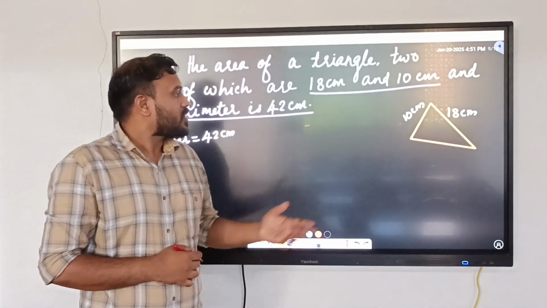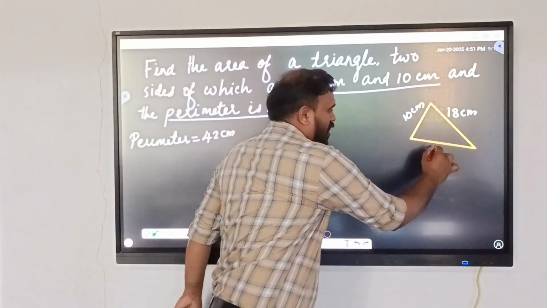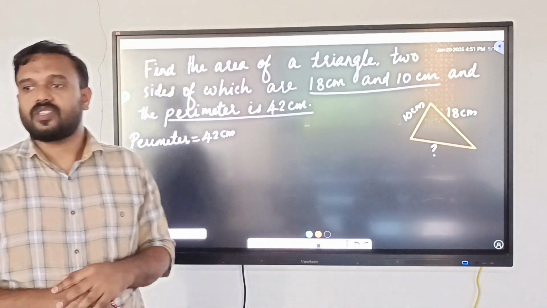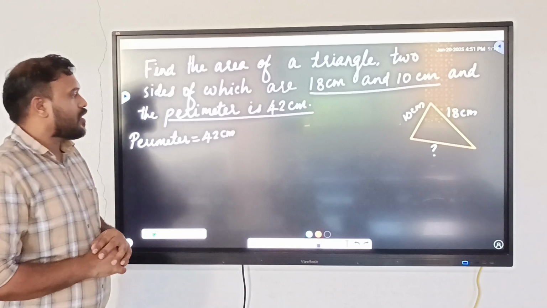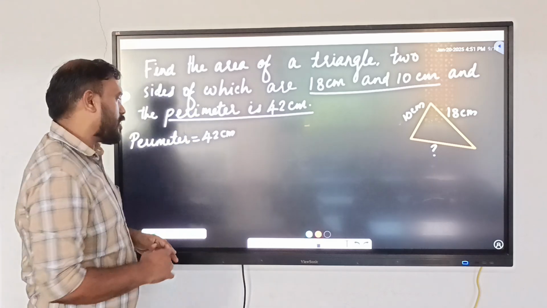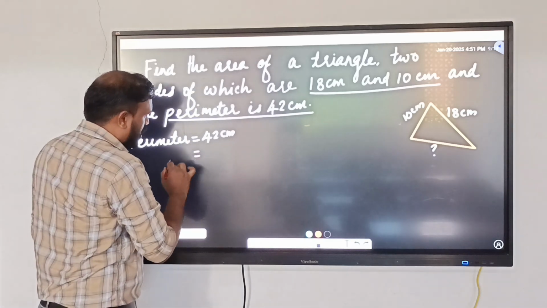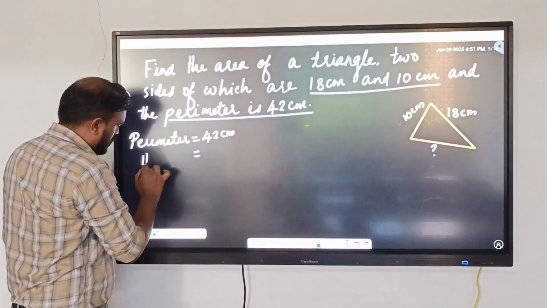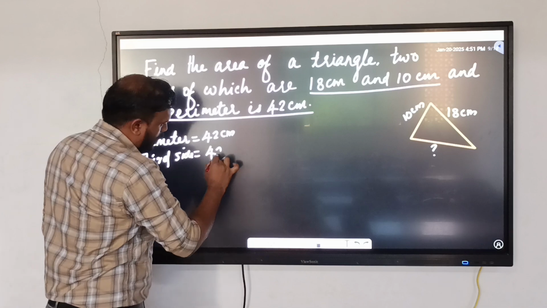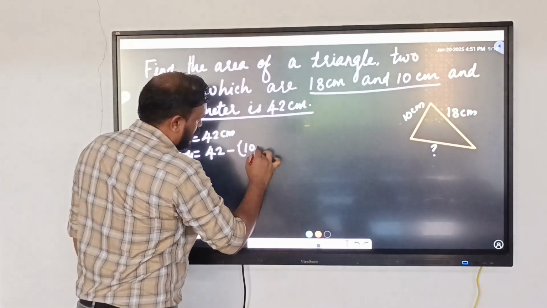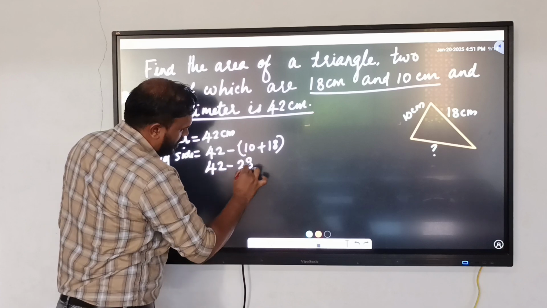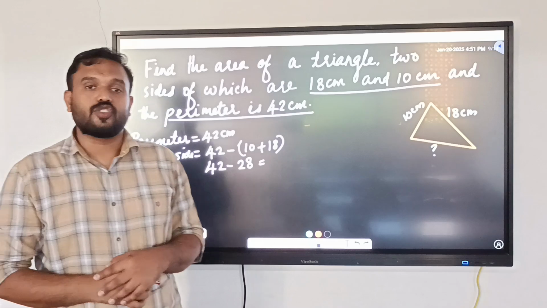So here we have to find the third side. How can we find the third side? From 42 we can subtract the sum of these two numbers. So the third side is 42 minus the sum of the two sides, that is 42 minus 28.